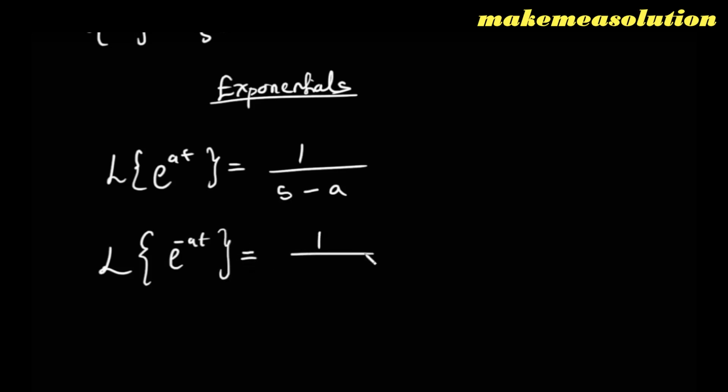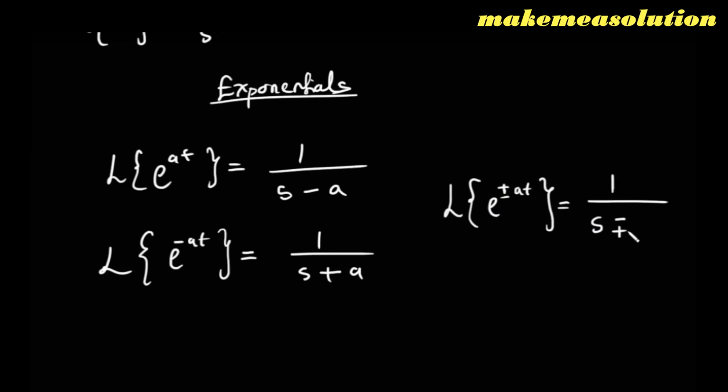Then you're going to get 1 all over s plus a. So in general, the Laplace transform of exponential plus or minus a t is going to give you 1 all over s minus or plus a. Is that okay? Remember, in putting the a, I did not include t. It's a common mistake that some of us usually make, and you find yourself trapped. So the expression here is devoid of t.